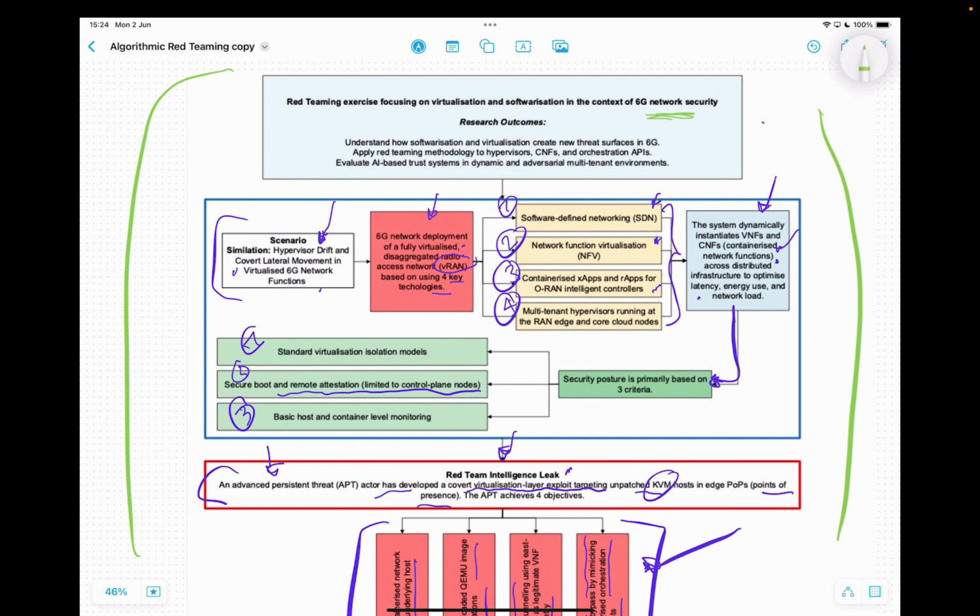How was it built? We're looking at an AI system deployed in virtualized 6G network environments. What you would see here is a realistic attack diagram that is presented, where the maps are compromising the application layer to the hypervisor and across the lateral orchestration paths.